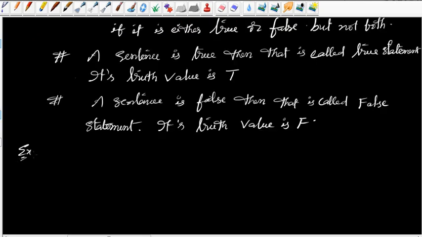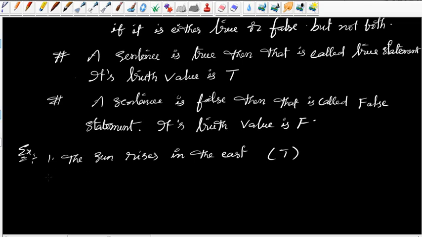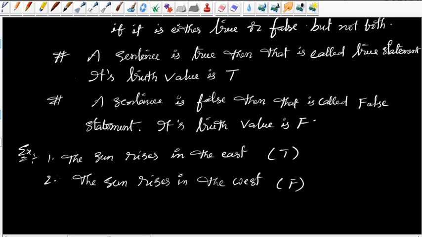Examples. The sun rises in the east. This is a statement, and its truth value is T. Second one: the sun rises in the west. The truth value is false. Both are statements.